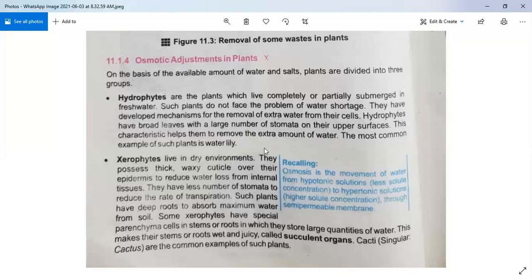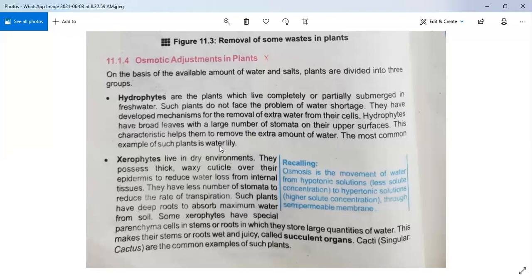The most common example of such plants is the water lily. Underline this example of hydrophytes. This question can also come in your board exam as an MCQ. The example of a hydrophyte is the water lily.